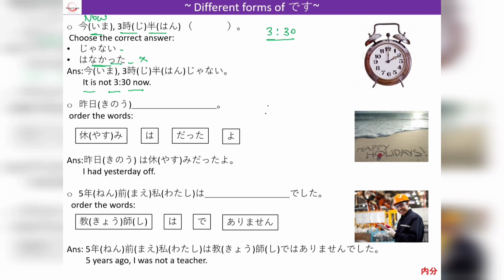It is talking about present now, so our answer would be janai or deva nai. The only difference is janai is used for speaking only, and deva nai can be used for both writing and speaking.